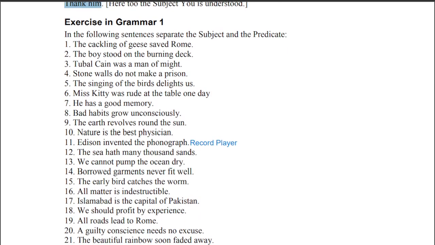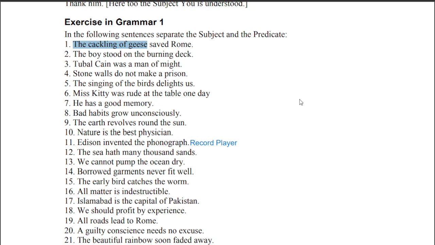And now, Exercise in Grammar 1. In the following sentences, separate the subject and the predicate. The cackling of the geese saved Rome, statement number 1. The speaker has first named a thing in this sentence, and that thing is the cackling of the geese.